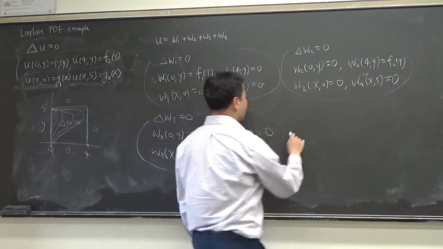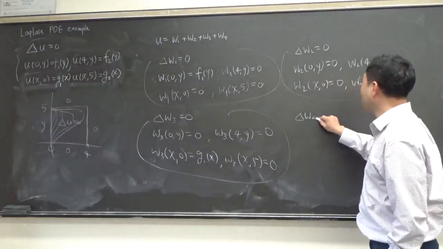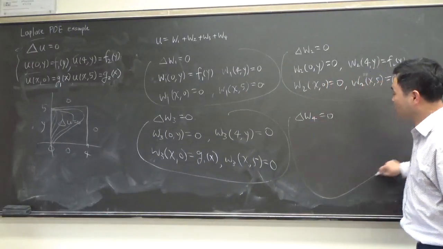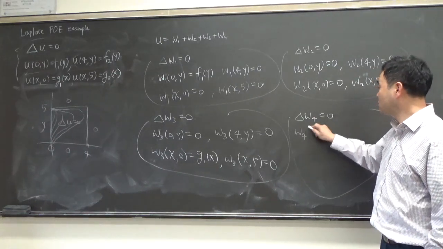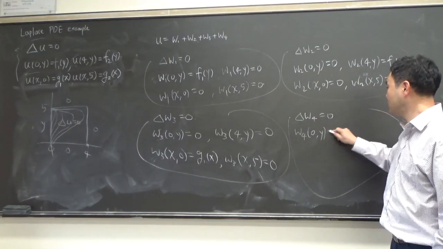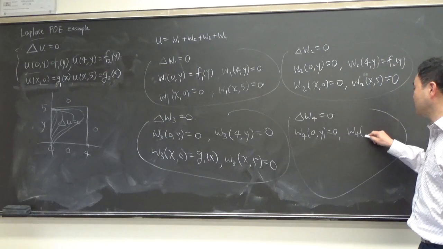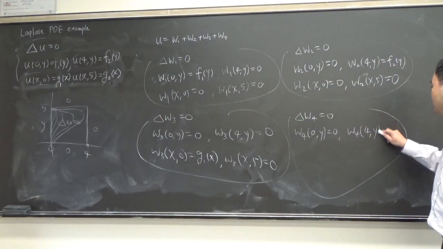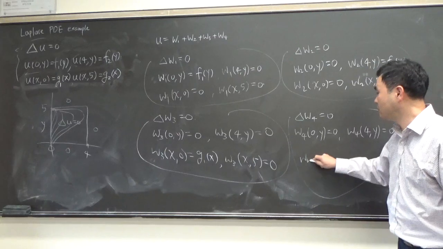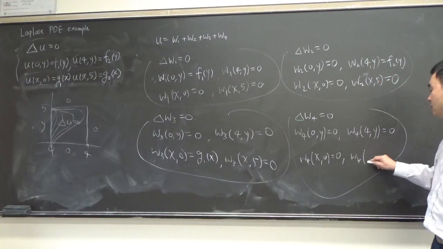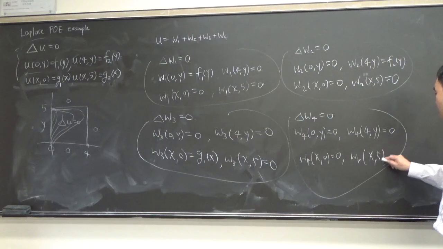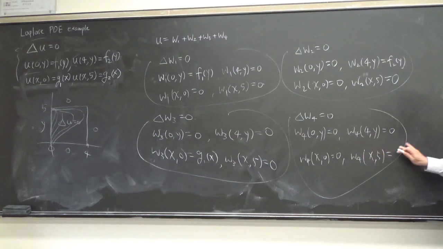And then w4 would be a solution to the Laplace equation where the boundary conditions are zero on the other sides, and this one is equal to g2 of x.